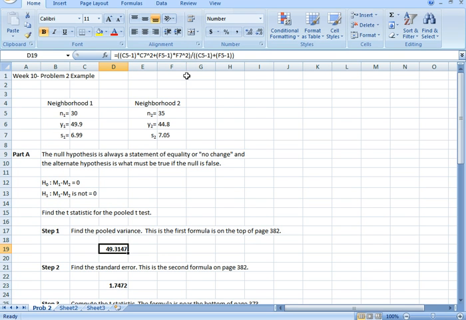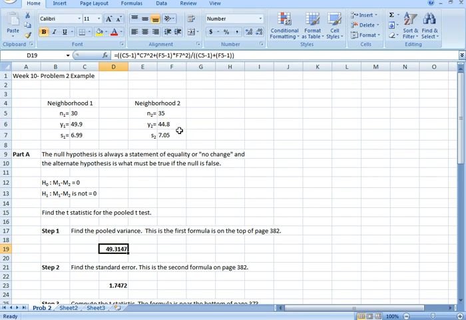But as the formula shows on page 382, we start off with C5, which is the sample size of neighborhood 1 minus 1, so that's basically our degrees of freedom, times C7 squared. C7 is our standard deviation for our sample. We're going to square that plus F5, our sample size of neighborhood 2 minus 1, again the degrees of freedom, times F7, our standard deviation for this sample, squared.